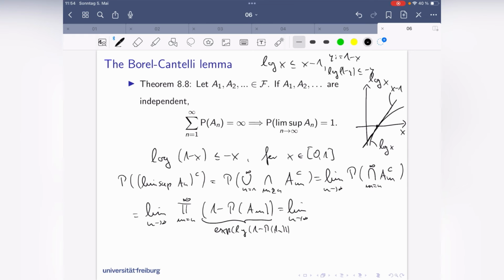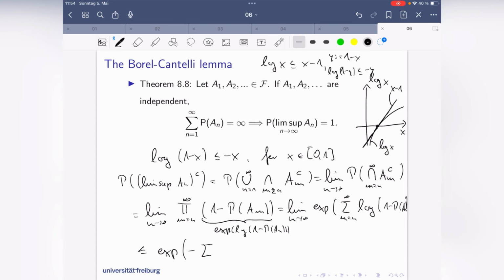Product over exps is exp over sum m from n to infinity, log 1 minus p of A_m. Exp is monotone, and log of 1 minus x smaller than or equal to minus x means it's more or equal to e to the power of minus sum.